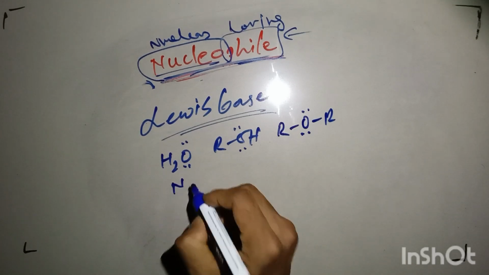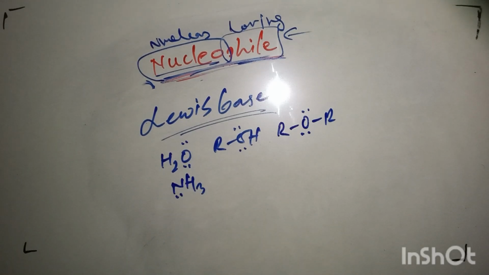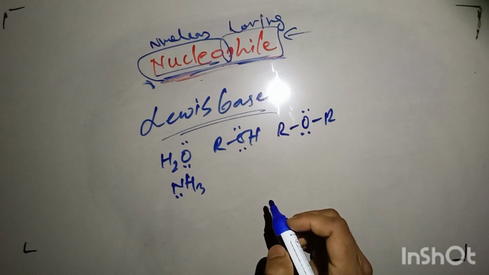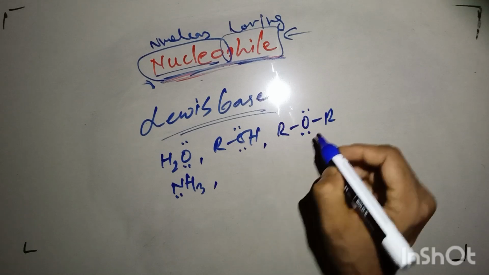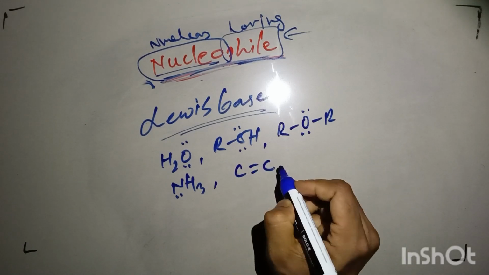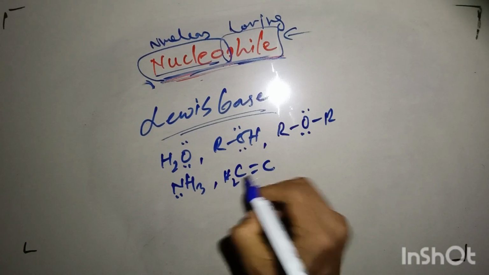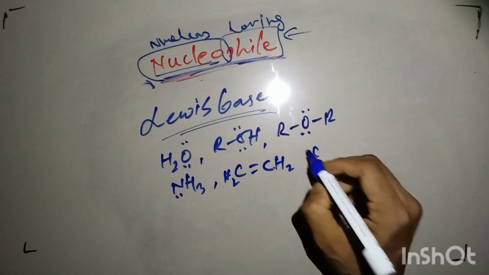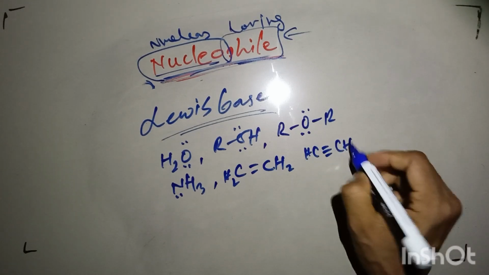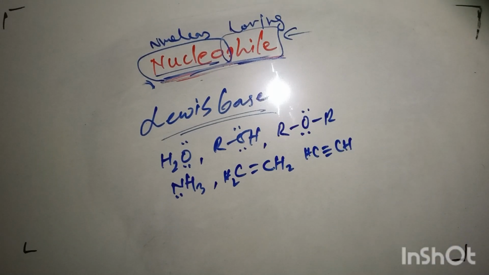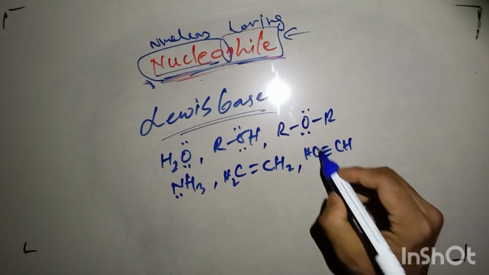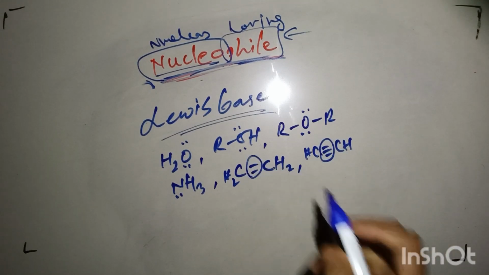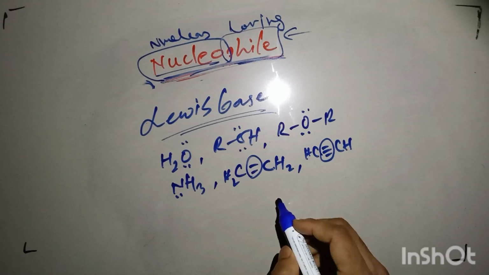After that, NH3, nitrogen has a lone pair. Then you can take unsaturated hydrocarbons like C double bond C. So CH2 double bond CH2 or CH triple bond CH, they are all neutral nucleophiles, because the triple bond is highly electron rich. Double bond is also more electron rich than a single bond.